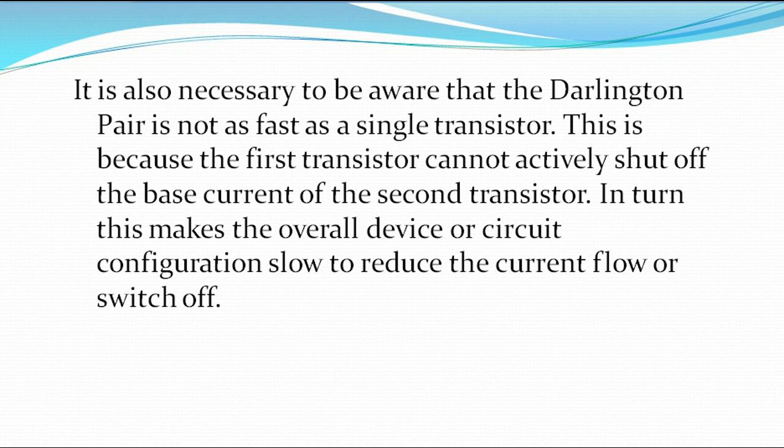Now, it is necessary to be aware that the Darlington pair is not as fast as a single transistor. That is the disadvantage of it. This is because the first transistor cannot actively shut off the base current of the second transistor. In turn, this makes the overall device or circuit configuration slow to reduce the current flow or switch off.